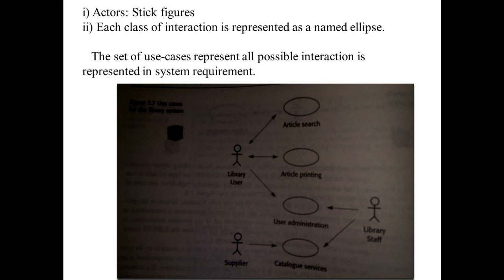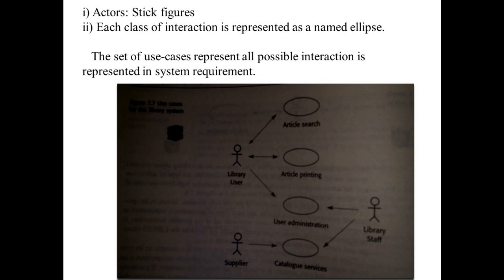So in this figure, actors look like these stick figures, and each class of interaction is represented as a named ellipse. The set of use cases represents all possible interactions in the system requirement. In this diagram, we are representing the use cases for the library system.